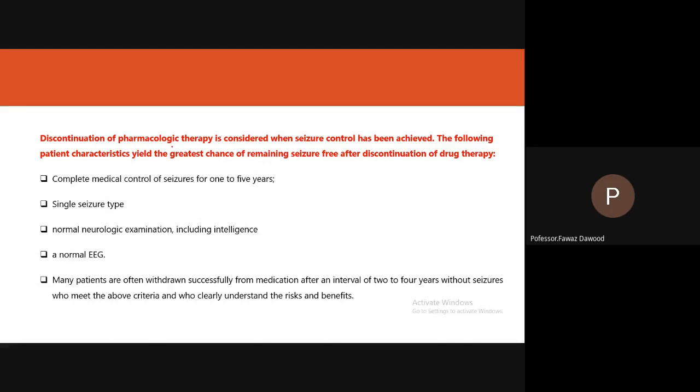So when we are dealing with a patient with epilepsy, please take care whether he is stopping his medication or continuing to use his medication, and whether the patient has complete medical control of seizures, single seizure type, and a normal neurological examination.